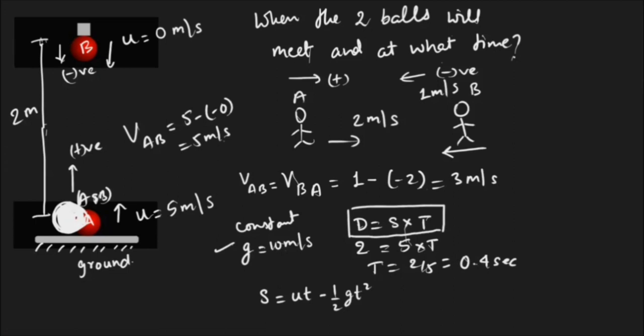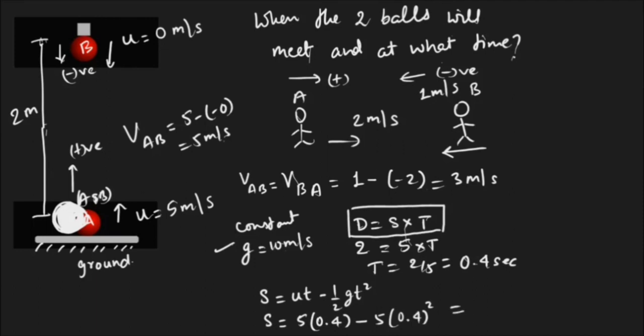Now s is what we need to find. So s is equal to initial velocity 5 times time 0.4 seconds, minus g is 10, 10 by 2 is 5, times 0.4 whole square.